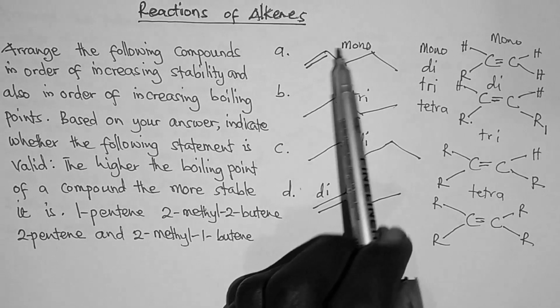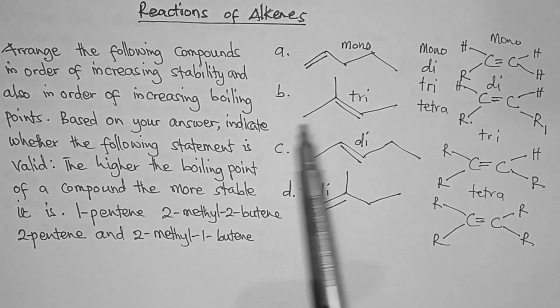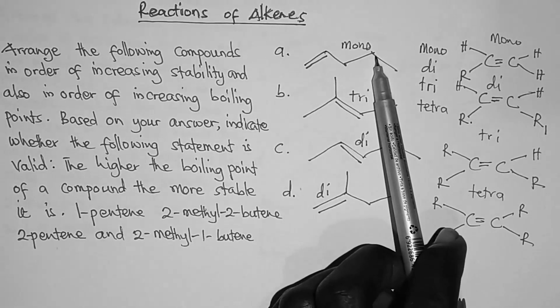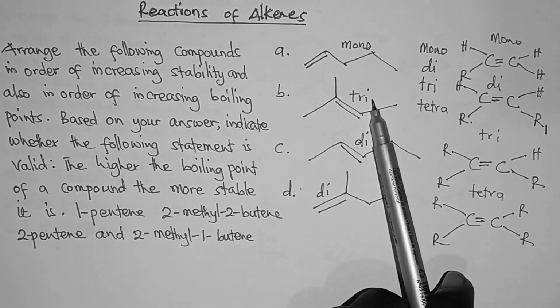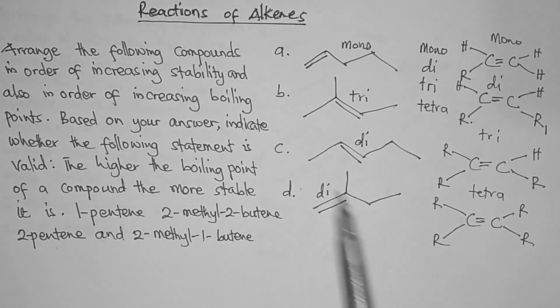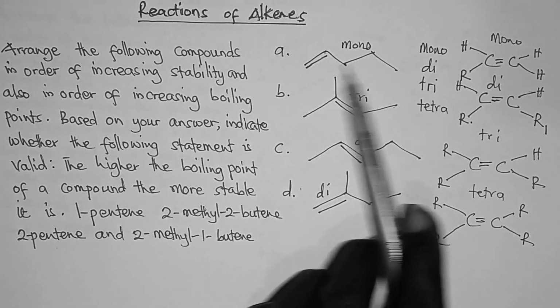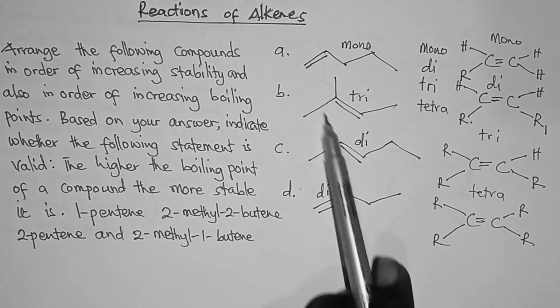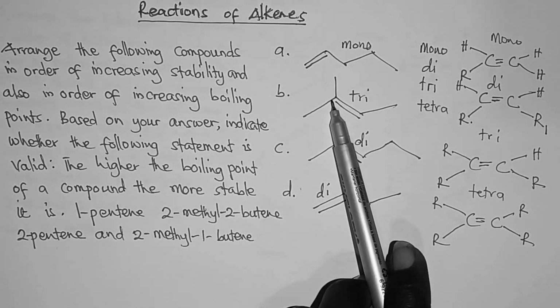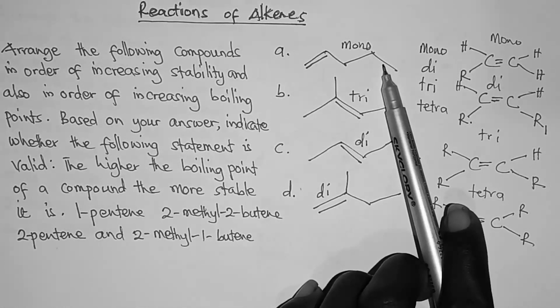What we said was that in terms of stability, the di is greater than the mono, and then the tri is greater than the di, and then tetra is greater than the tri. But in this case, we don't have a tetra substitution, and therefore the most stable compound will be the tri-substituted alkene, and therefore B is the most stable. And then the least stable is the mono, so A is the least stable.